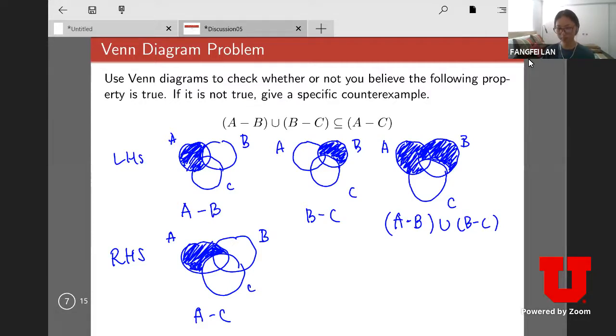Right? Is that true? Is the statement true? Yeah, it is true. Yes, it is true.